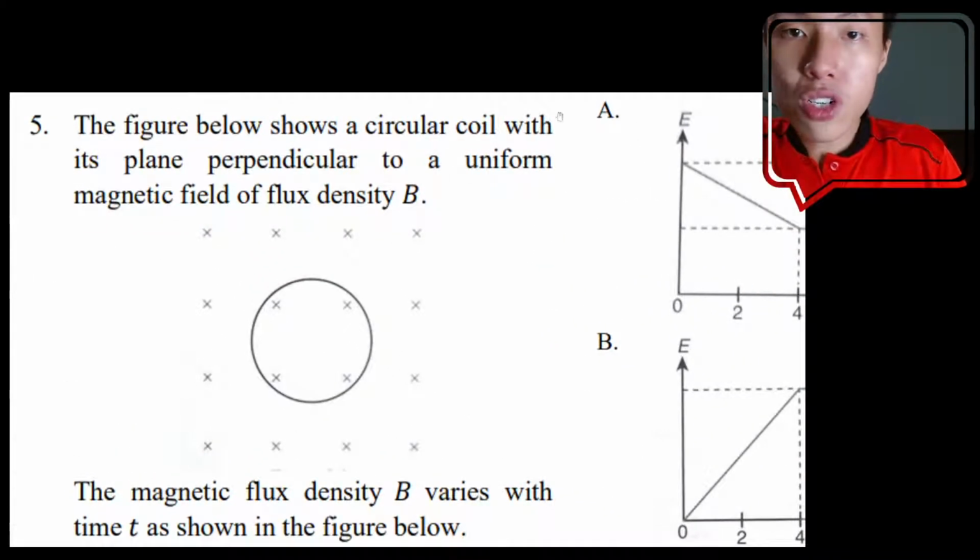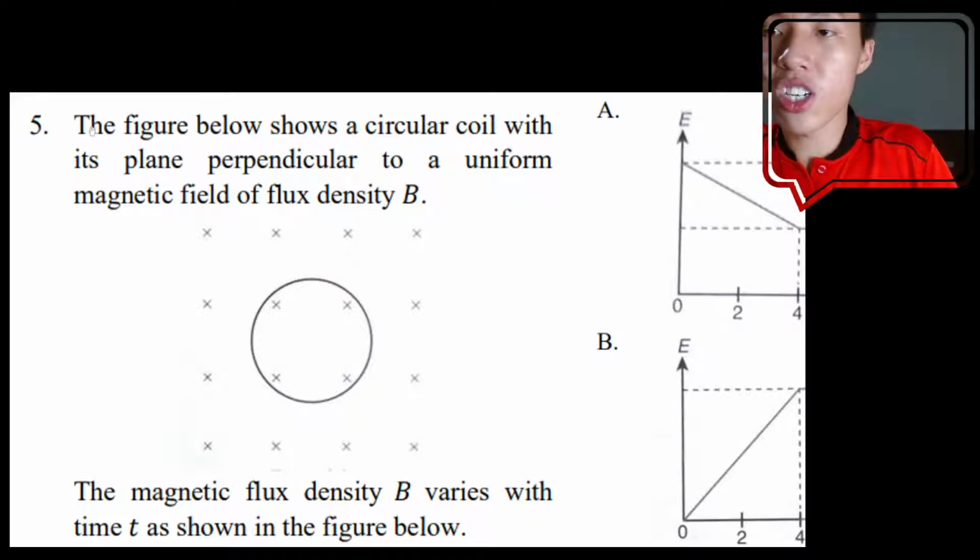The figure below shows a circular coil with its plane perpendicular to a uniform magnetic field of flux density B. When you say magnetic field of flux density B, that means the magnetic flux density is B. Magnetic flux density is magnetic field strength.